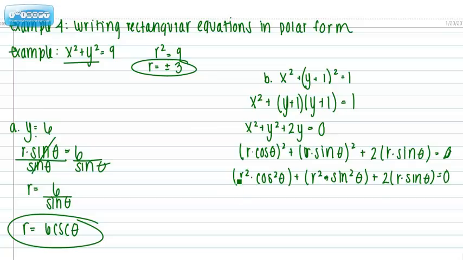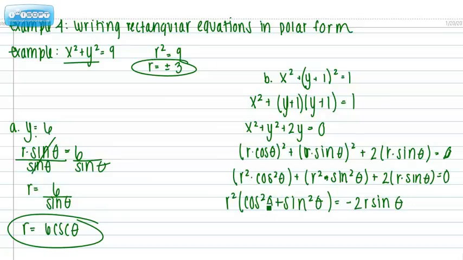Okay, in this case, since there's an r squared in common between both of these terms, I'm going to go ahead and pull that out in front. So I have r squared times cosine squared of theta plus sine squared of theta. In this case, I have powers of 2, I'm dealing with exponents. In this last term, I don't have any exponents. So I'm going to go ahead and subtract that to the other side of the equation. So I should have that r squared times this sum is equal to negative 2 times r sine of theta.